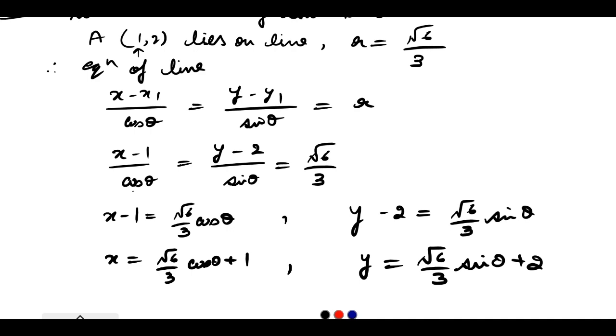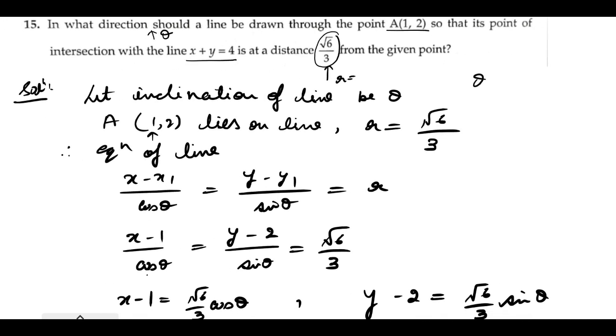Now we are considering a special point P that will also lie on this line. It means the coordinates of P will satisfy the equation of this line.